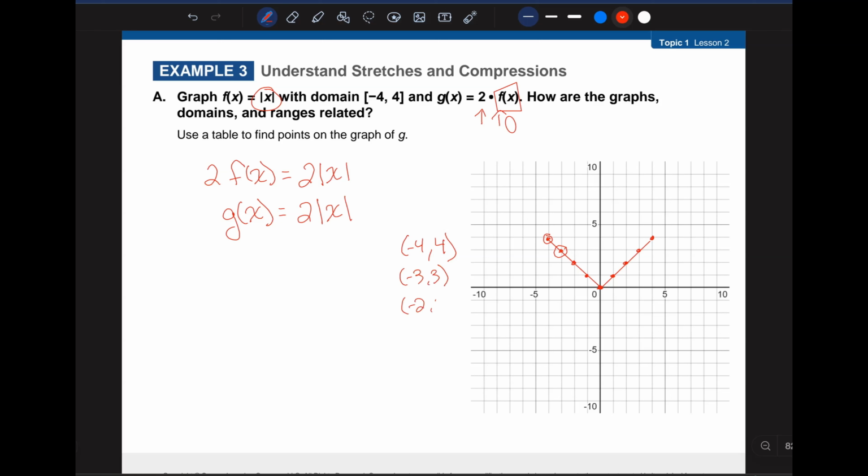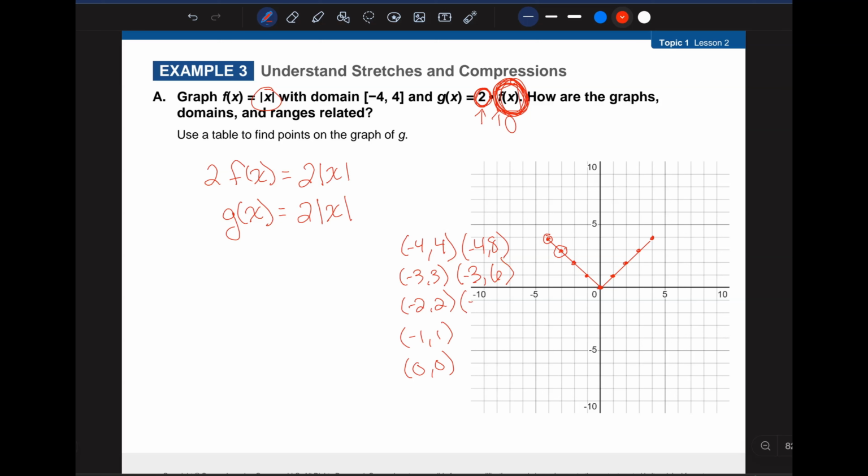Okay, so on and so forth. And I'm adjusting my y value. So 4, if I take that times 2, because that's telling me what to do, now I have negative 4, 8. If I take this times 2, negative 3 times 2 is 6.